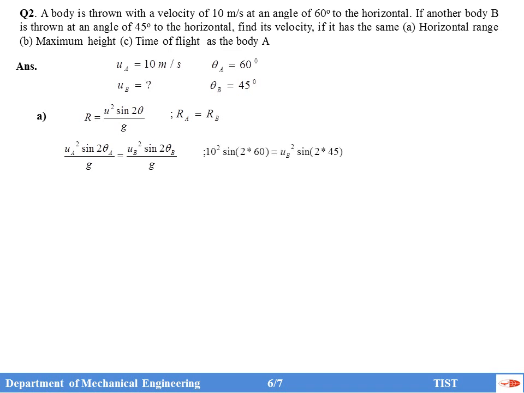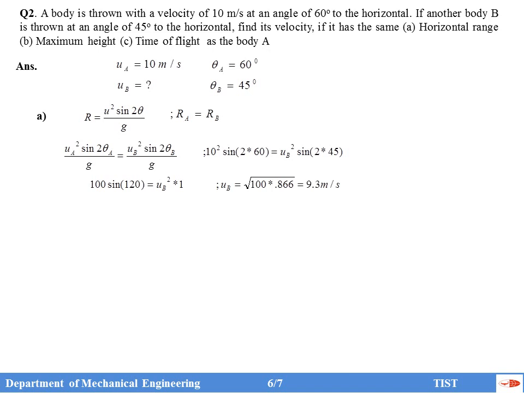If I substitute the value of UA here, 10 square sine 2 into theta A, 60 degree, equal to UB square into sine 2 into 45 degree, right? So if I rearrange this term, 100 sine 120 equal to UB square, 2 into 45 is actually 90, so sine 90 is 1. So I will get UB as 9.3 meter per second.